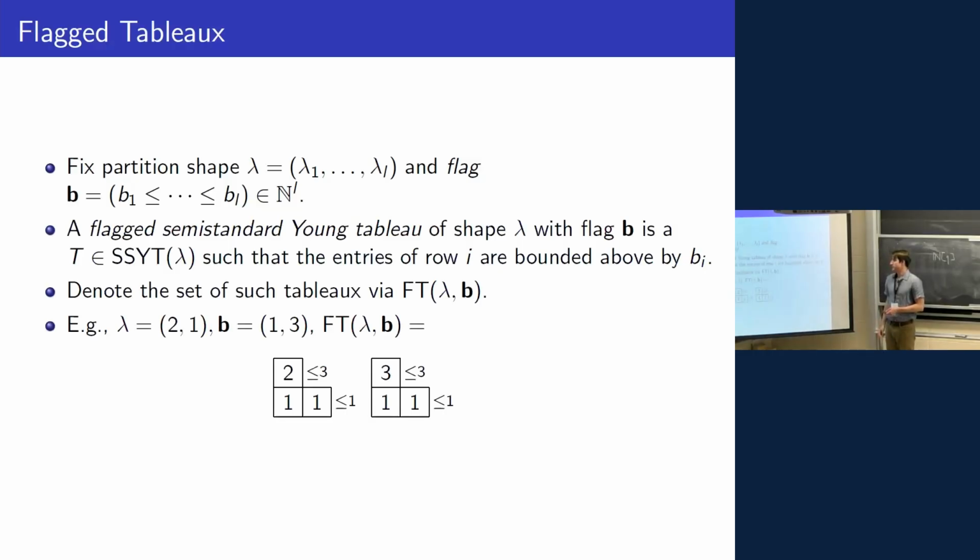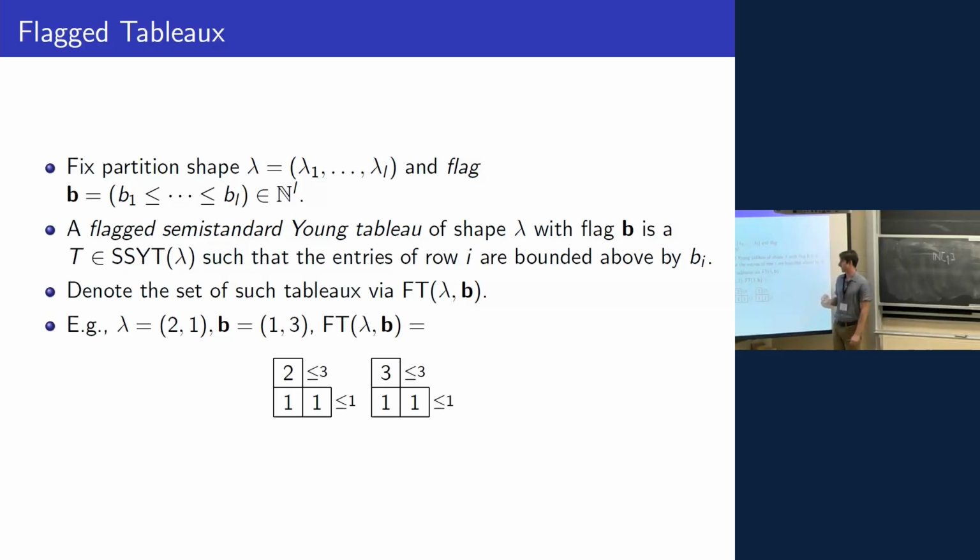Okay. So then I want to define a flagged semi-standard tableau with an associated flag B. I have my shape lambda, and I'm going to fill it with numbers as before, but with an extra rule: if I pick the flag, I bound row i by the number b_i. So in this example, I have shape 2,1, and I fix the flag 1, 3.